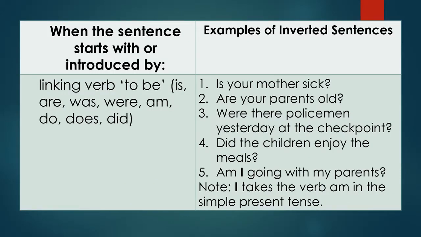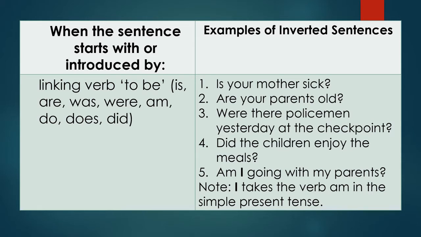The next one, when the sentence starts with or is introduced by is, are, was, were, am, do, does, or did. Examples: Number 1, Is your mother sick? Number 2, Are your parents old?